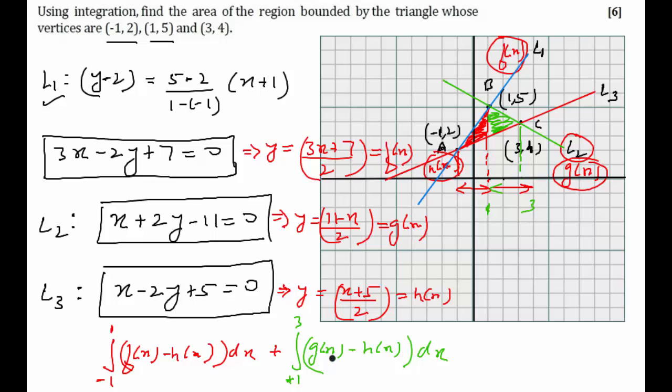This integration will give me my final result. So we just have to substitute the values of f(x), g(x) and h(x) in this integral to get the required area. Now this solution is very easy. This will give us simple equations like these. So we will get two different integrals.